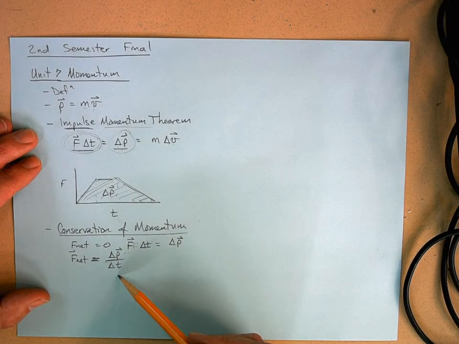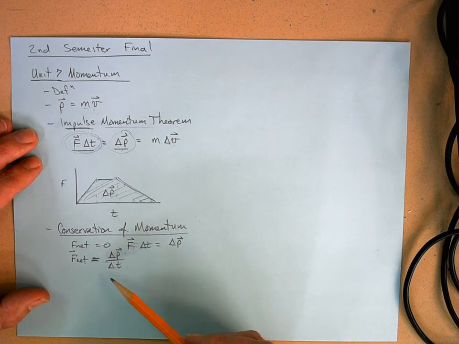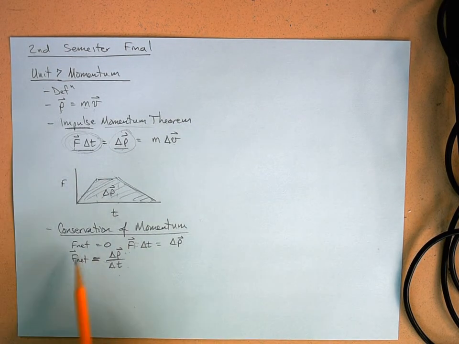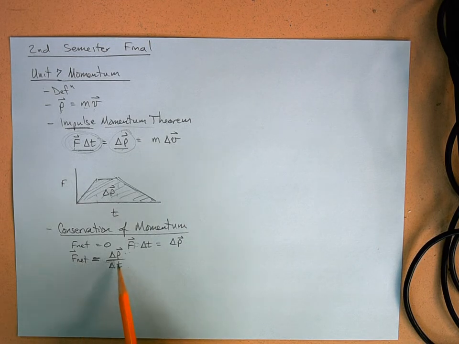The change in velocity over change in time is acceleration. So this is where you get F equals mass times acceleration. But if the net force is 0, then that means the rate of change of momentum is 0. That means there's no change in momentum as time goes by.